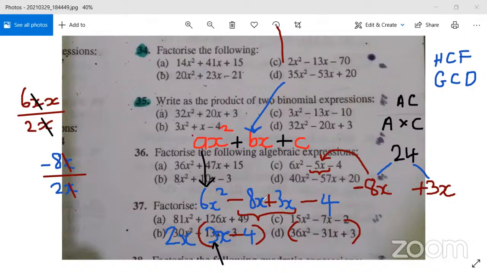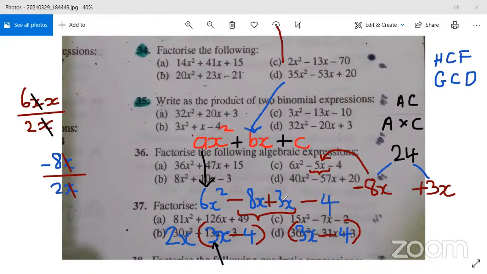So if the sum of the factors of AC can be broken down, then this bracket on the left will be exactly the same as on the right. So we're also going to write 3x and a minus 4 here, right? Now, why would that be important?